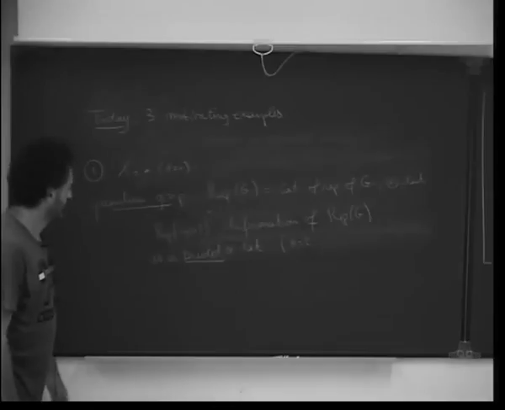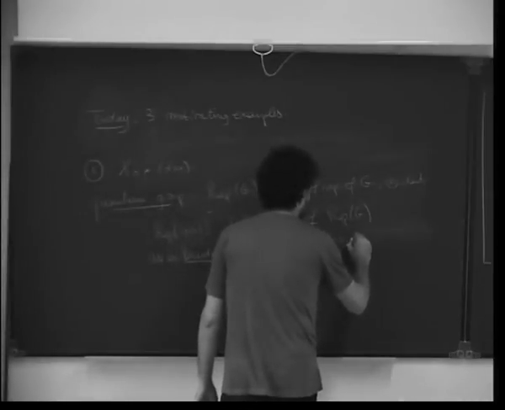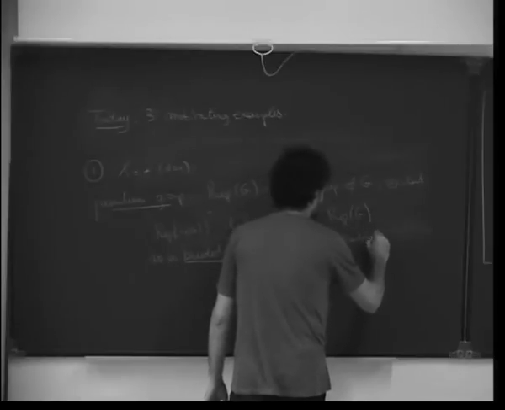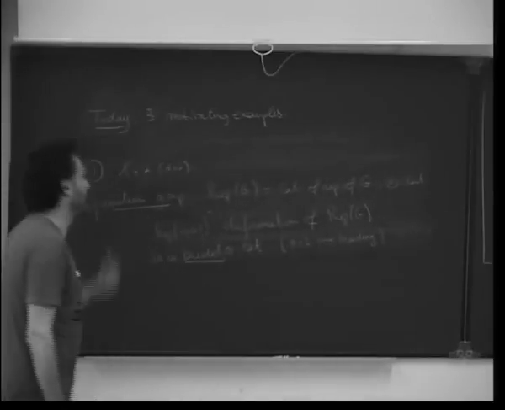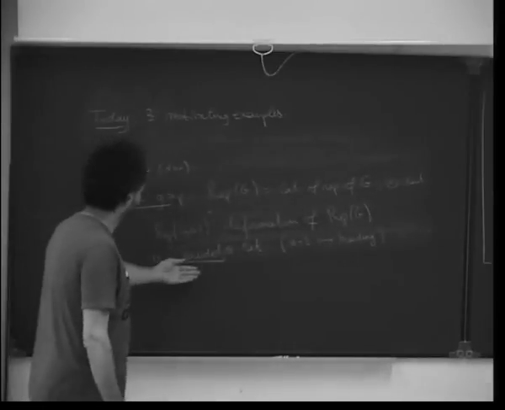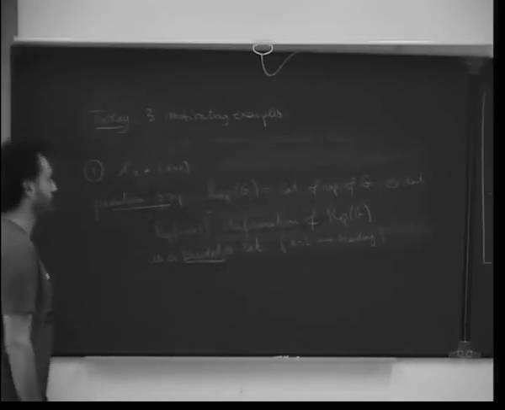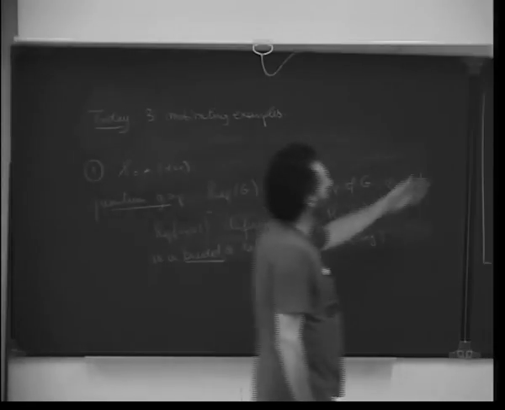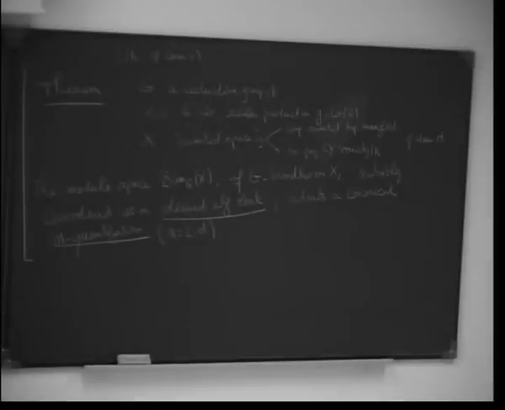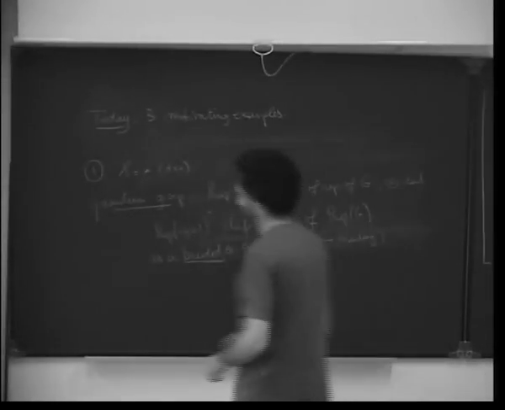I'll explain this later, but there is a precise relation between the fact that we have only a braided monoidal category and the fact that the integer is 2. So in this case, the theorem is just another way to state the existence of quantum groups. It's nothing more.